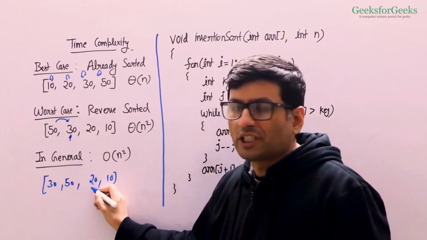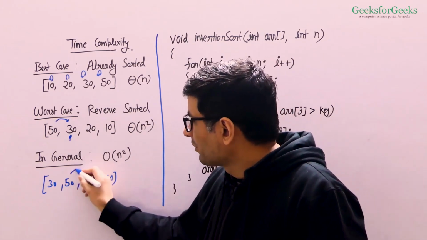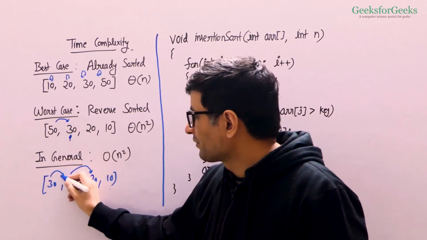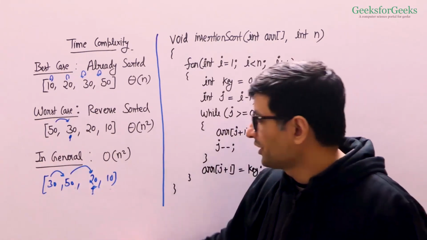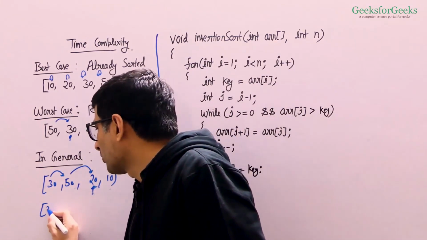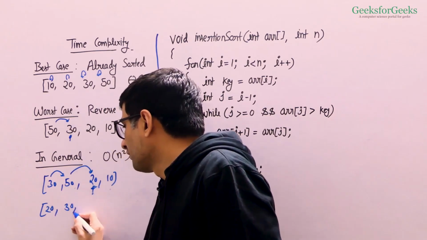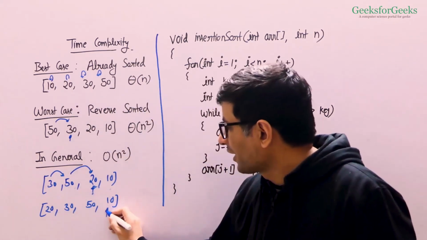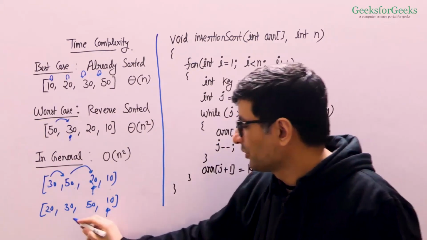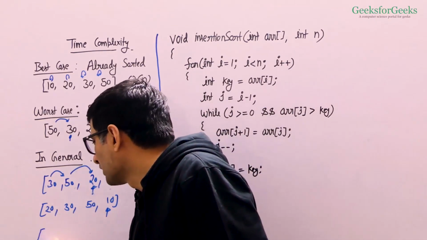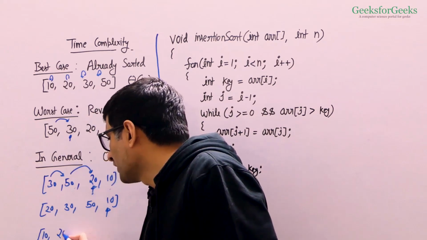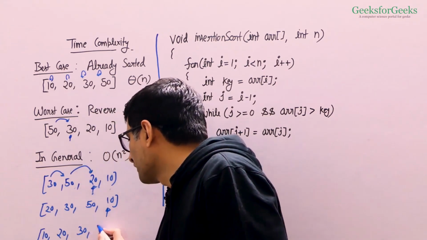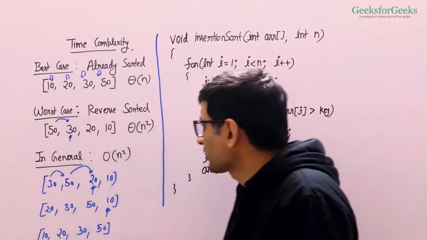Then when you come to this element, right, 50 will be shifted here, then 30 will be shifted here, because both are greater than 20. So your array will become 20, 30, 50, and 10. And when you are here at this element 10, again maximum shiftings will happen. You will be shifting all three of them. So your array will become then 10, 20, 30, and then 50.